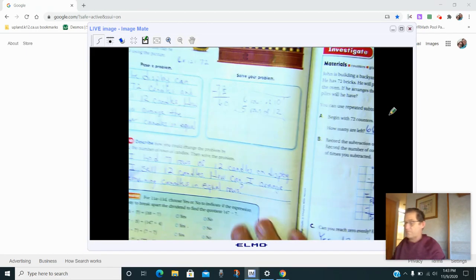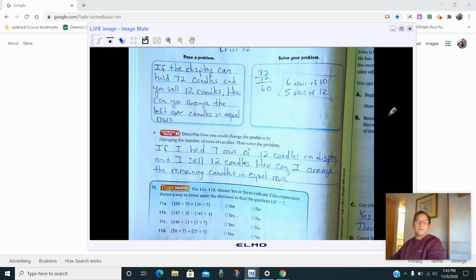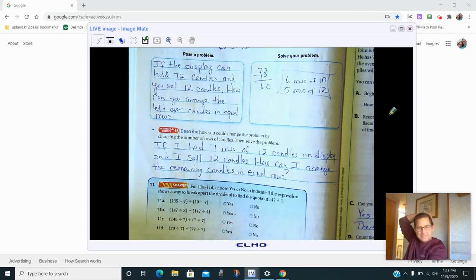So I don't know, if I had 7 rows of 12, so I'm increasing the display. And I sell 12 candles. How can I arrange the remaining candles in equal rows?